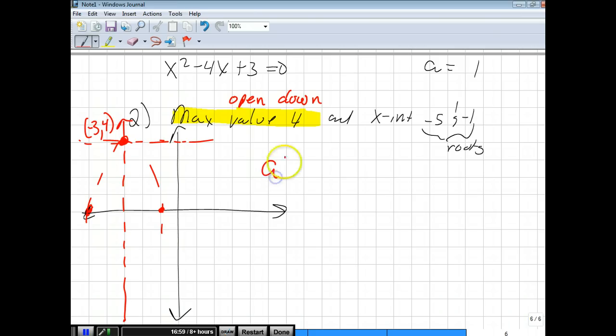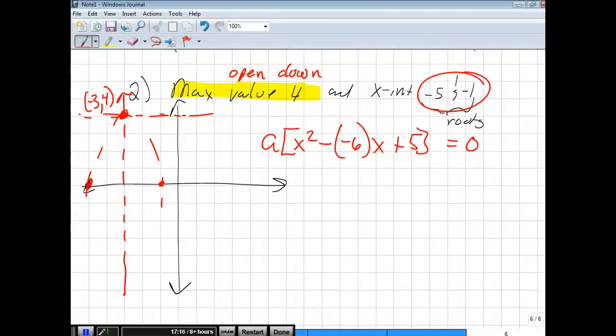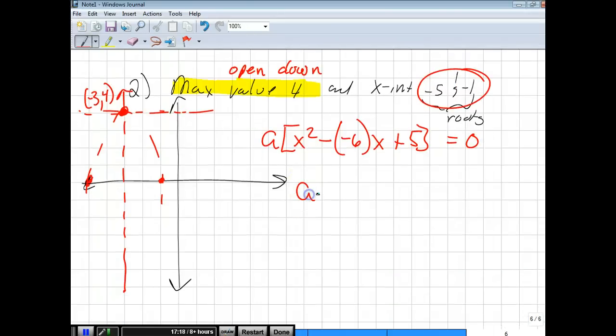So we go to our general equation. So x squared minus the sum. So the sum of the roots is -6 plus the product. The product of the roots is +5 equals 0. Okay, so it gives me A times x squared plus 6x plus 5 equals 0.